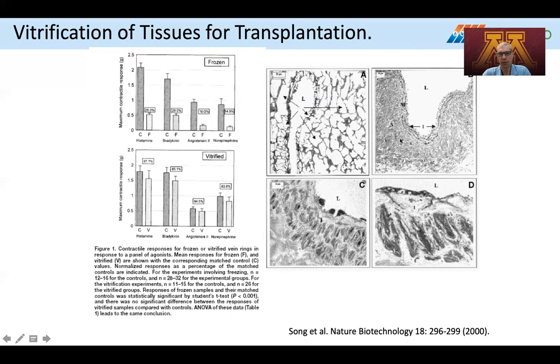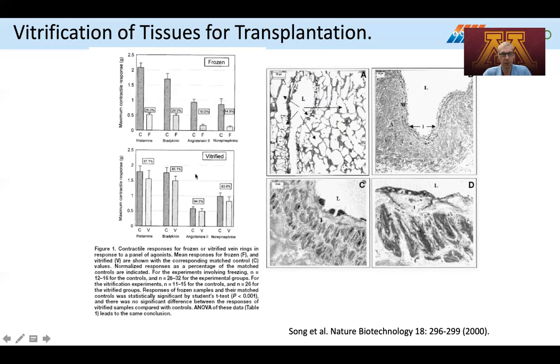This is by a technique called freeze substitution, where after infiltrating the tissue with a resin and cutting and staining, you can see where the ice was. And then this is some higher magnification of those veins. On the left, you can see frozen versus vitrified behavior pre and post vitrification or freezing.